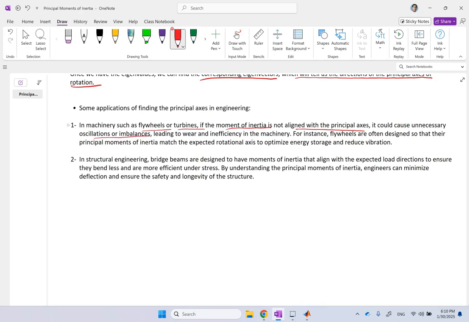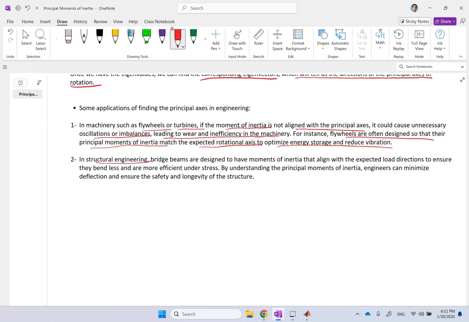Otherwise, you are going to get imbalances and unnecessary oscillations, which will wear down the machinery. For instance, your flywheels are designed such that the principal moments of inertia match the expected rotational axis to optimize the energy storage and reduce vibrations.